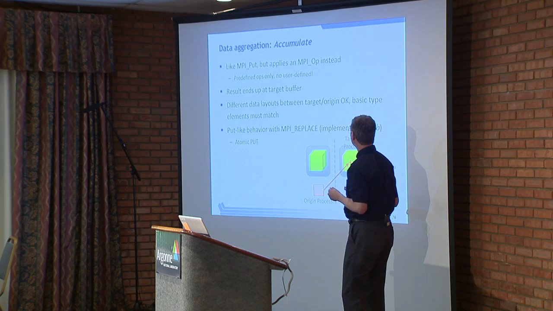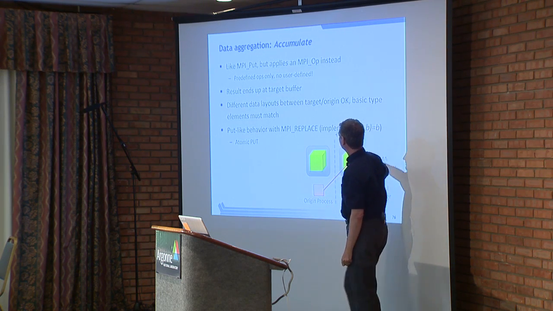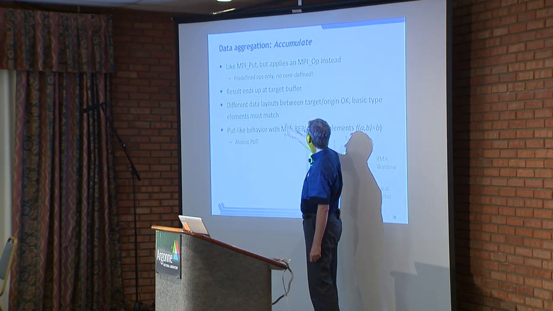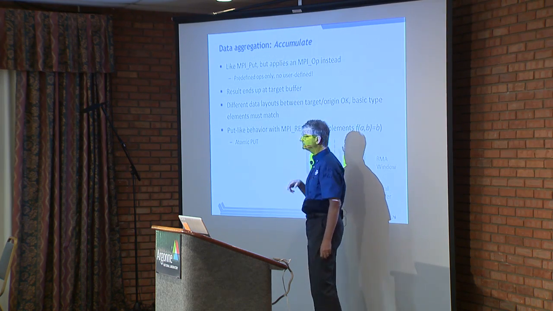But for the RMA, you just have these predefined operations. Okay, so there's even another op called MPI replace, which gives you a kind of atomic put. Okay, so those three were the ones that were in MPI 2.